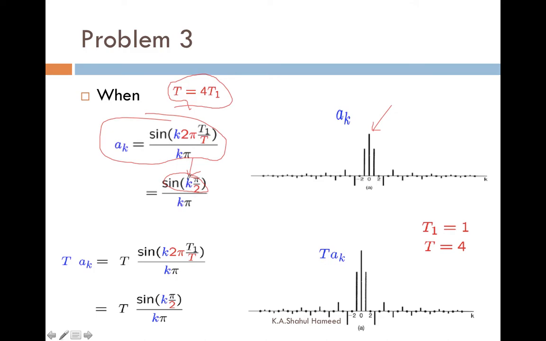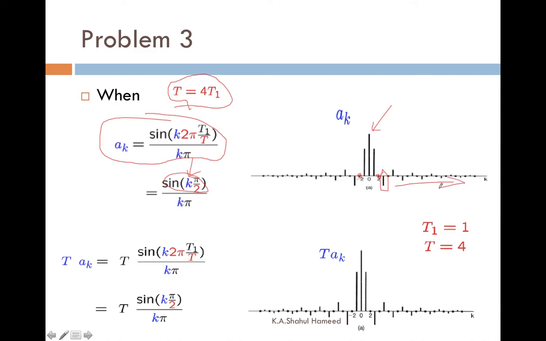When k is equal to 2, sin pi will come, so sin pi is 0. When k is equal to minus 2, again sin minus pi, that is again 0. When k is equal to 3, you will get sin 3 pi by 2, and its value is minus 1. Hence you are getting this coefficient, and so on.